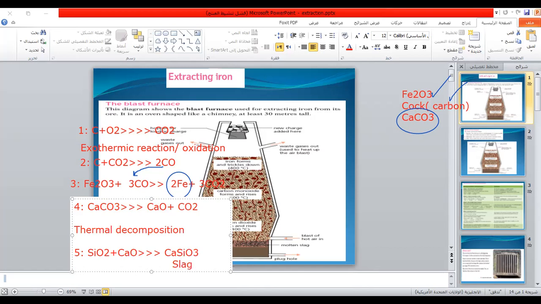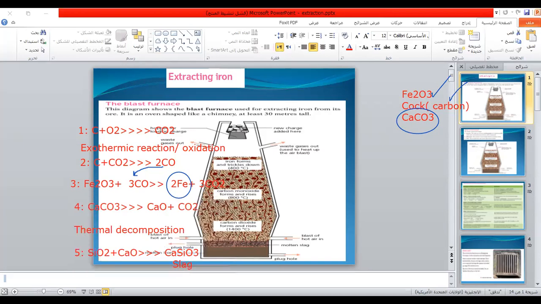So this is slag. I can say the most important part is that CaCO3 decomposes to form CaO and CO2. CaO will react with the impurities. What is the impurity with iron? This is sand, silicon dioxide, to form slag.